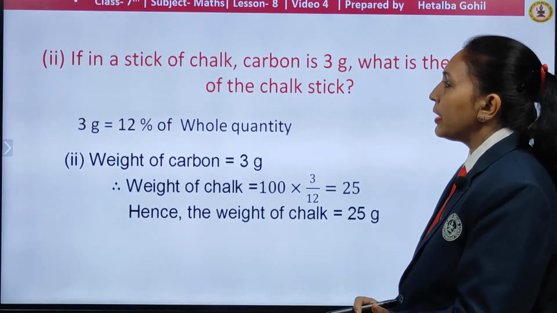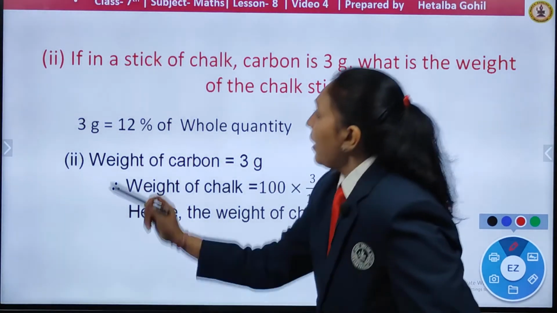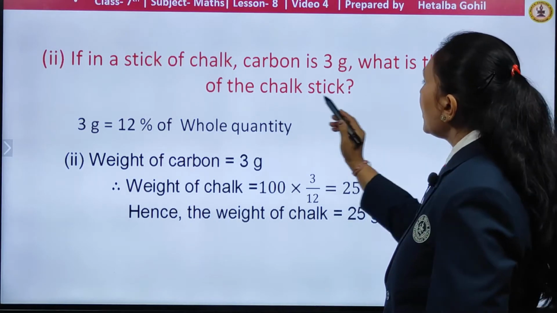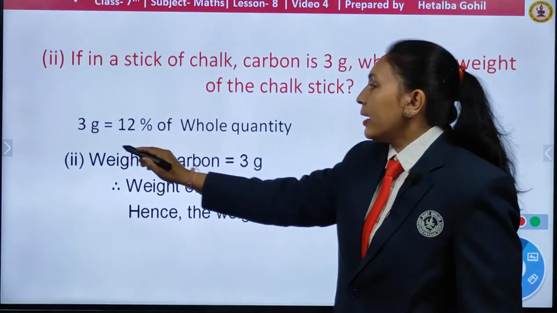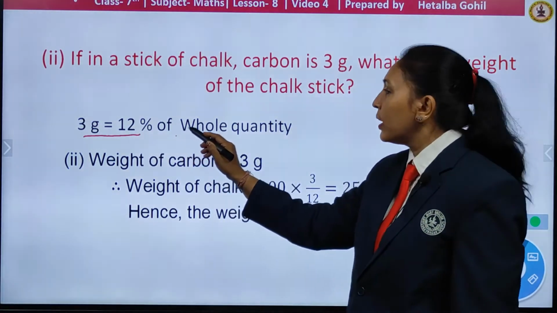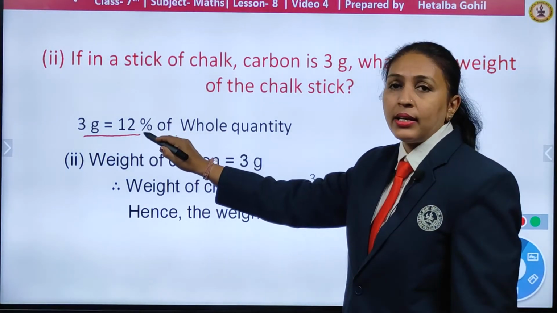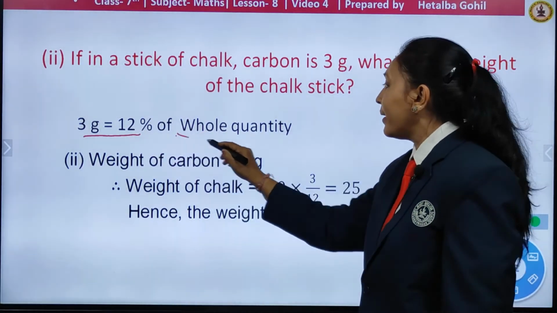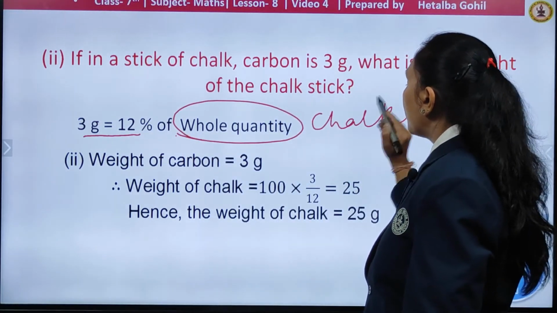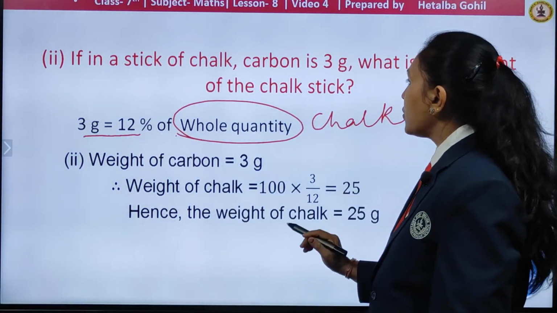Now, one more question with the same, we have to find that too. If in a stick of chalk, carbon is 3 gram, what is the weight of the chalk stick? Earlier in the previous question we found that 3 grams is nothing but 12% of the whole quantity. This whole quantity is nothing but the chalk they are talking about, right? So we will compare this and get the weight of the chalk.